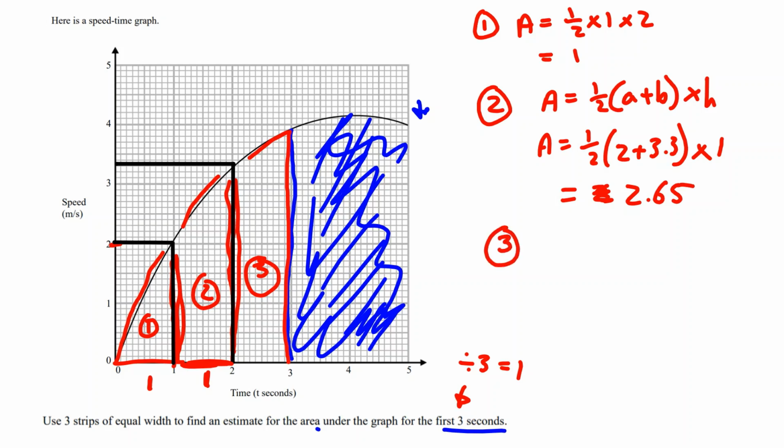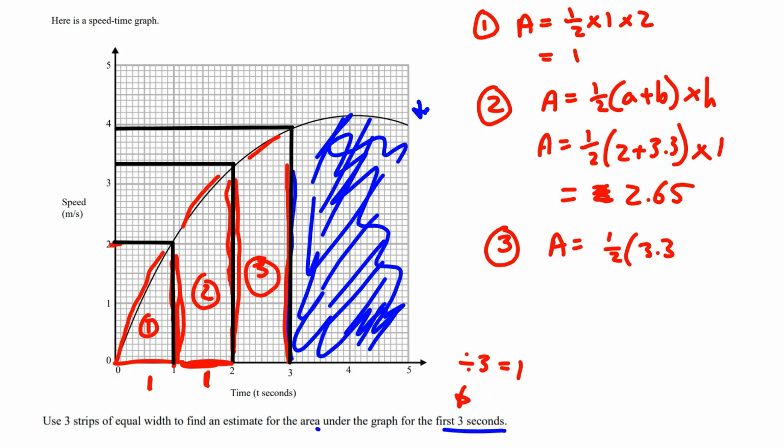Now the final section, again, is a trapezium. So we're going to do half a plus b. Here we've got our first value is 3.3. Our second value, again, I'm just going to clean this up a bit. I'm drawing up at 3 until I hit the line.